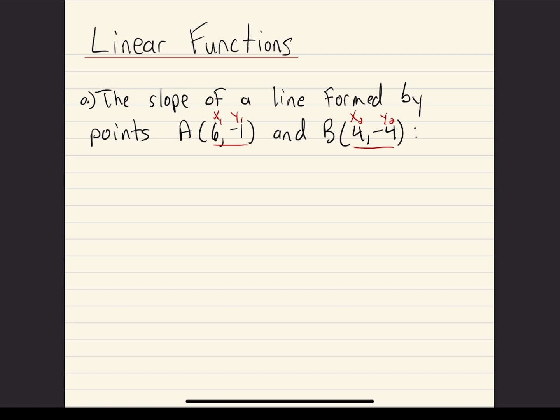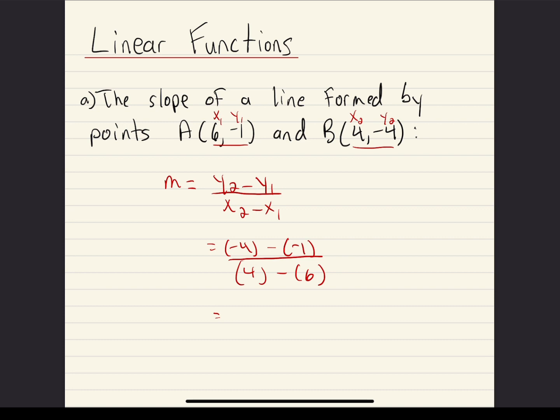So the slope formula is change in y over change in x. And that can also be translated to y2 minus y1 over x2 minus x1. And I have to make sure to keep the negative values here, so I'm going to go -4 minus -1 divided by 4 minus 6.